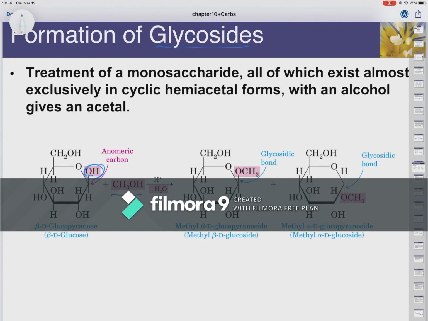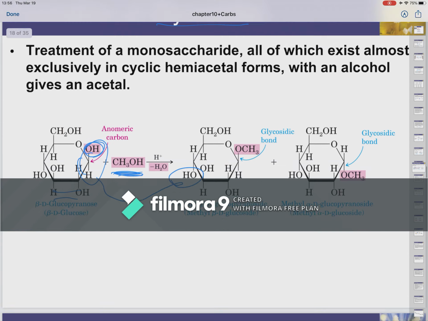Now, eventually, instead of just reacting this hemiacetal with this alcohol, we can start to react two monosaccharides together, because this hemiacetal here can react with the alcohol on another monosaccharide. But anyways, glycosides are what we get by forming that acetal bond.